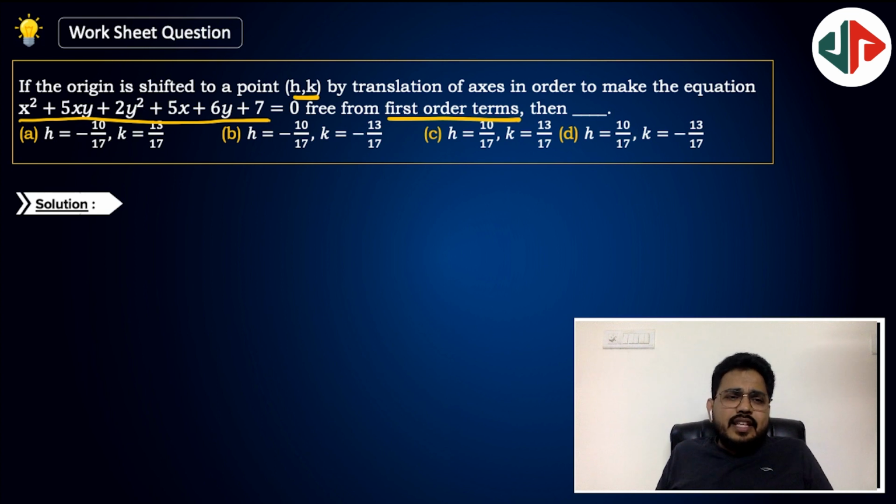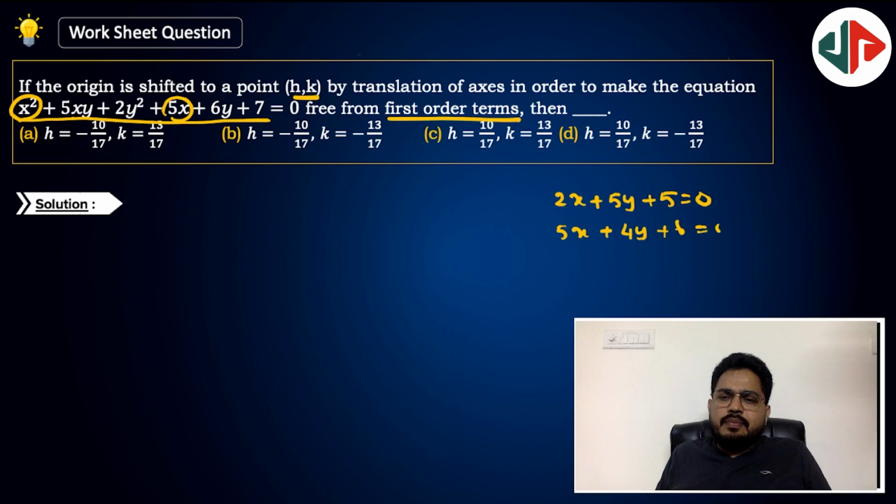So what do you do? Partial differentiation. 2x plus 5y plus 5 is equal to 0, the derivative with respect to x. And partial differentiation with respect to y: 5x plus 4y plus 6 is equal to 0. So find the point of intersection of these.